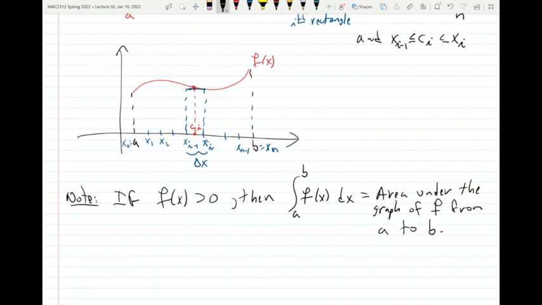Okay? So you can use this to calculate area, but the function has to be positive. Because if it's negative, you will get negative numbers, because your height is going to be negative, right? Because your rectangle is now below the x-axis.